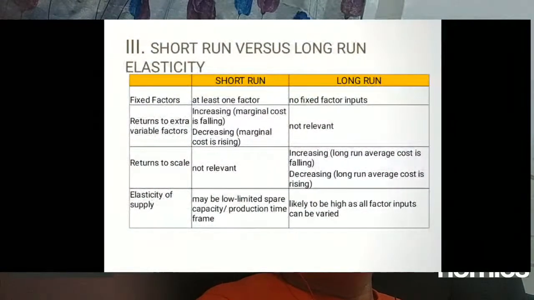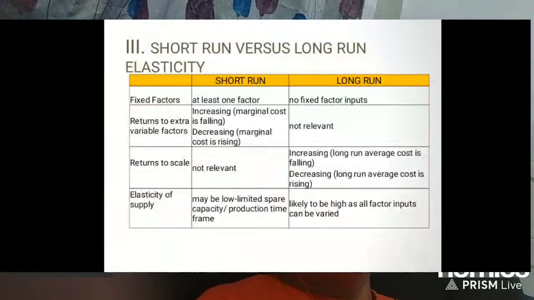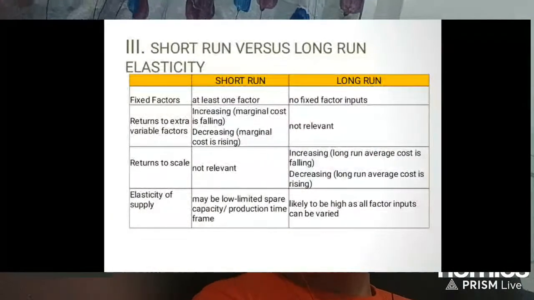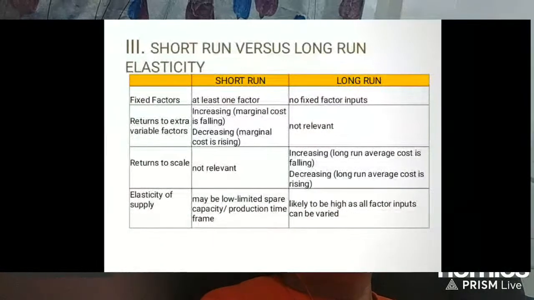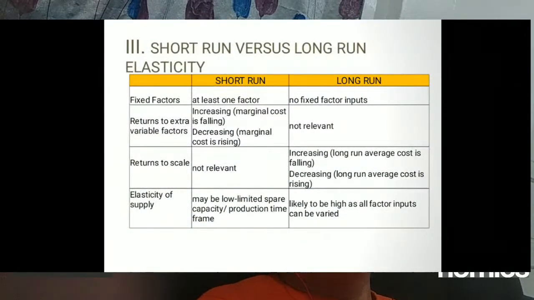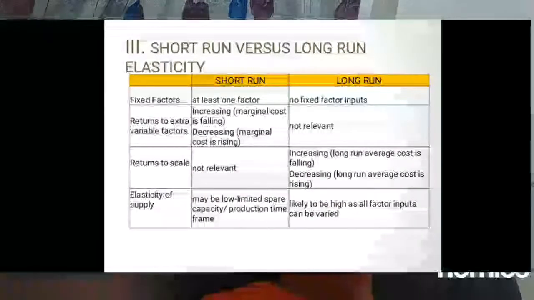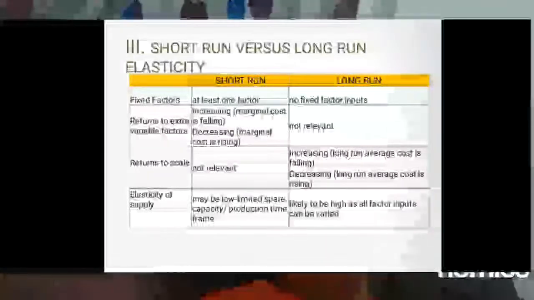But in the long run, it will not be relevant because there is an adjustment period for the long run elasticity. But in the short run, it either increases or decreases. So if it increases, the marginal cost is falling. Alright? So, ibig sabihin, yung mga gastusin sa paggawa ng produkto ay bumababa. Right?